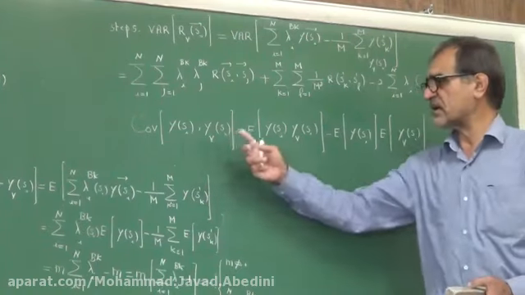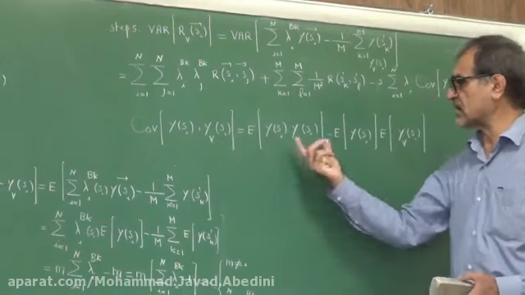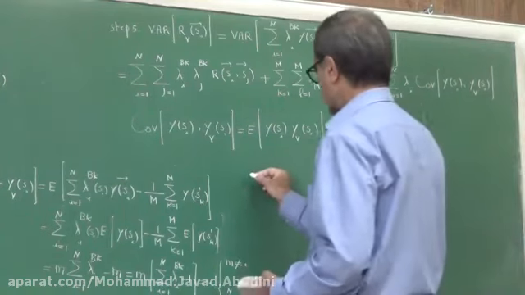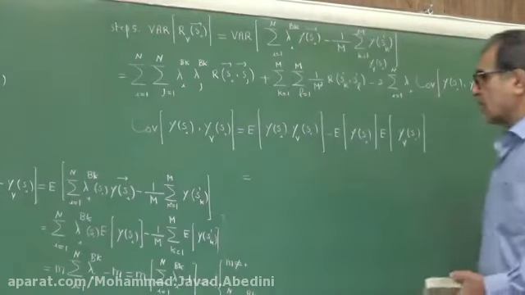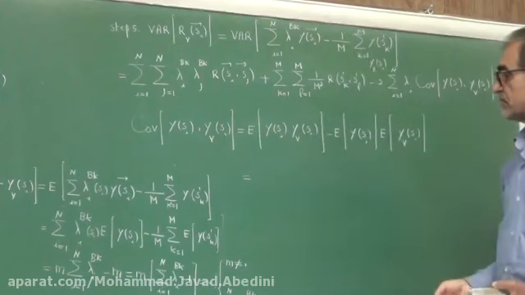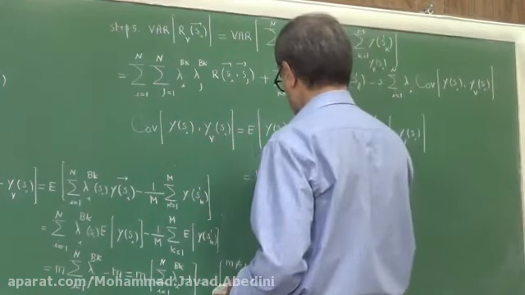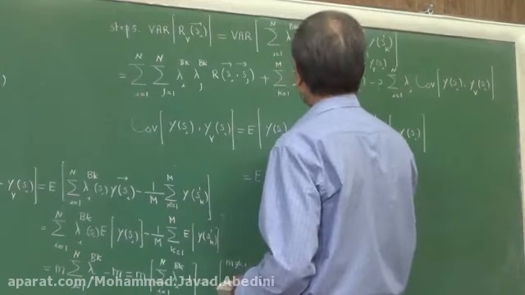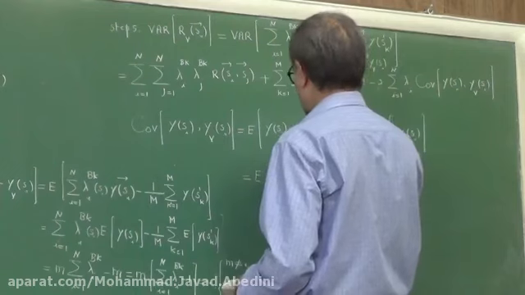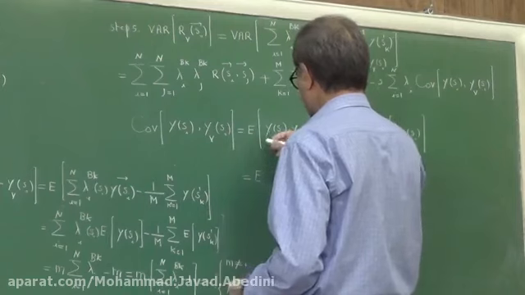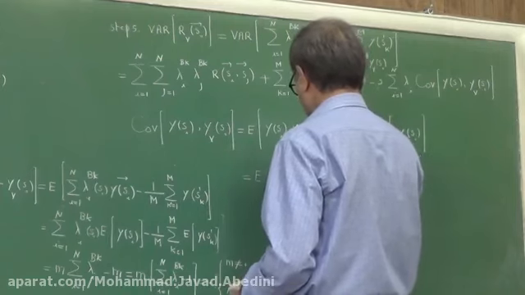This is a random variable, this is another random variable, and that is how to compute the covariance between these two random variables. Now, we could replace this with this part here. Let me see if I have to change this to another notation.